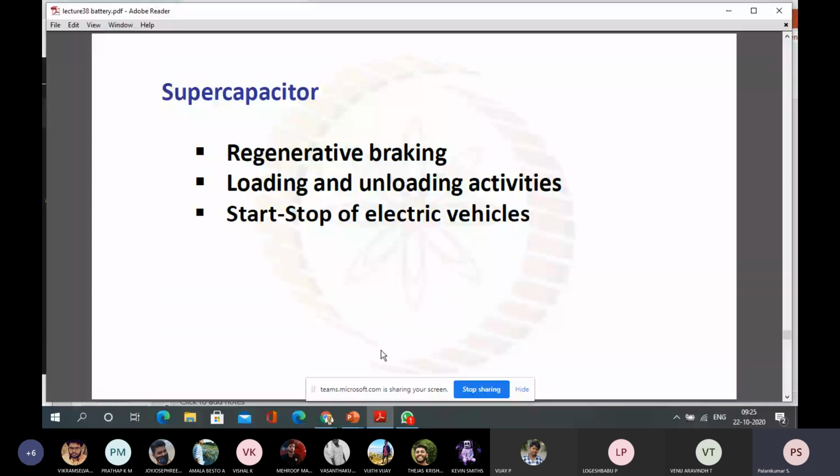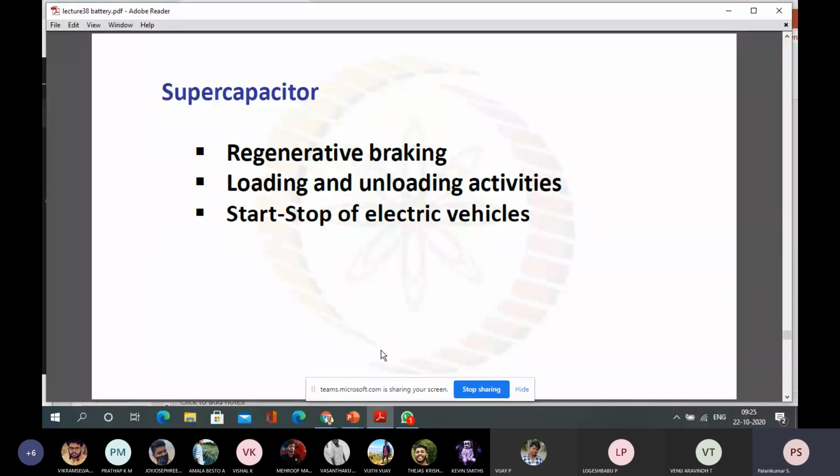Okay, and of course for loading and unloading activities. When we are going for loading, a huge amount of current is needed. At that time also it can discharge whatever energy is required, in addition to the battery energy. It can quickly discharge that energy. And also for start and stop of the electrical vehicle.